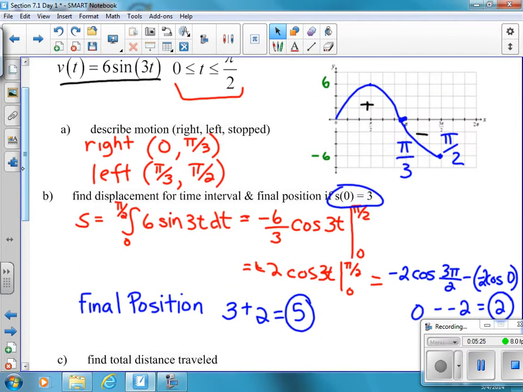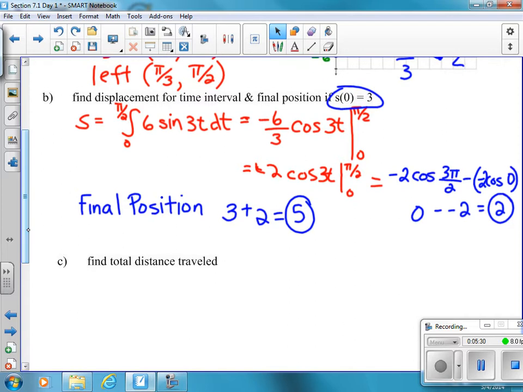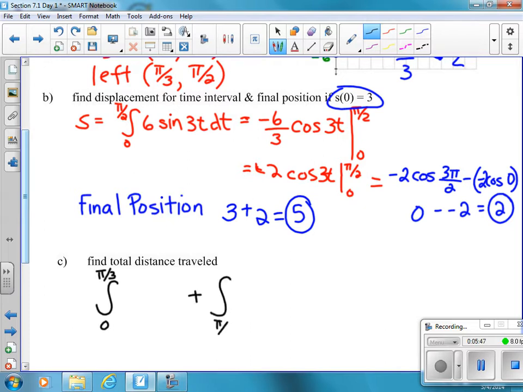Now notice, between 0 and pi over 3, you're above the line, and pi over 3 to pi over 2, you're below the line. So all we're going to do is take the antiderivative from 0 to pi over 3, and then add the absolute value of the antiderivative from pi over 3 to pi over 2.